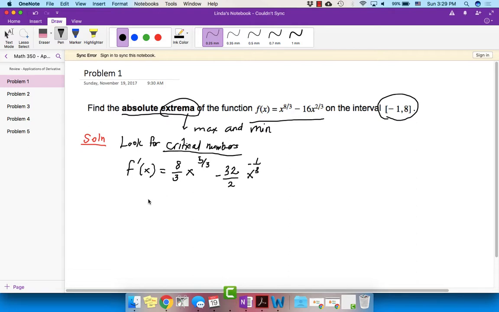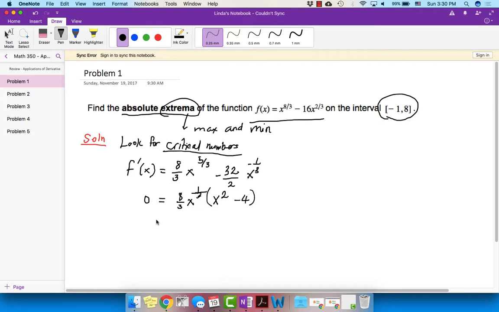But I want to find where the slope is 0. So I set it equal to 0 and solve. I factor 8/3 out, and I also factor out s to the -1/3. I end up with s squared minus 4 on the inside.